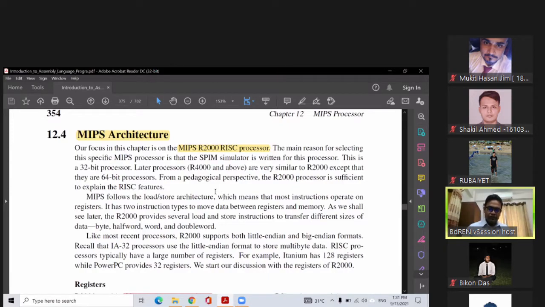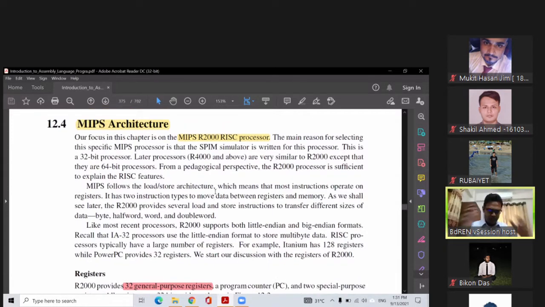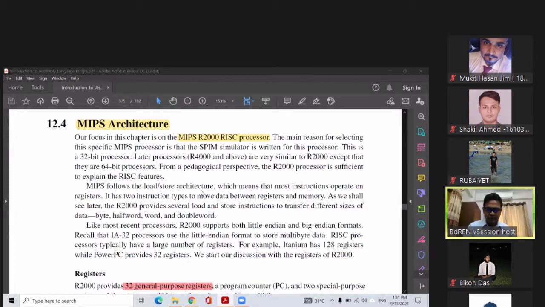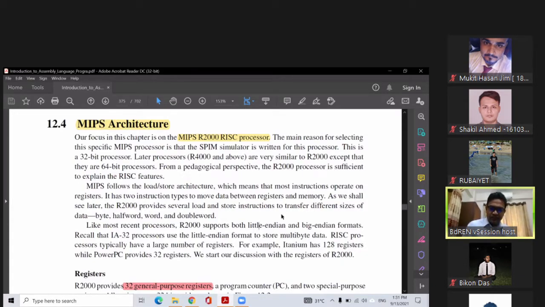All right, so let us discuss this architecture, the MIPS architecture. In this MIPS architecture, it is very similar to our previous Intel processor in chapter number 3, where we discussed how many registers we have and what the types of registers are. Here it is also the same.